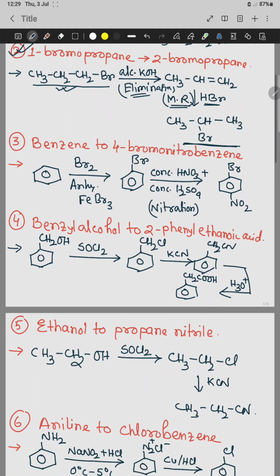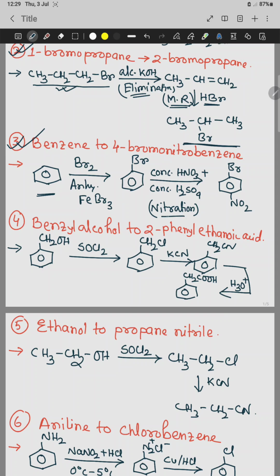Now see the third one, that is benzene to 4-bromonitrobenzene. First we will do the halogenation of benzene, that is bromination, in presence of anhydrous FeBr3, so that we will get bromobenzene. We know that bromine is ortho and para directing.